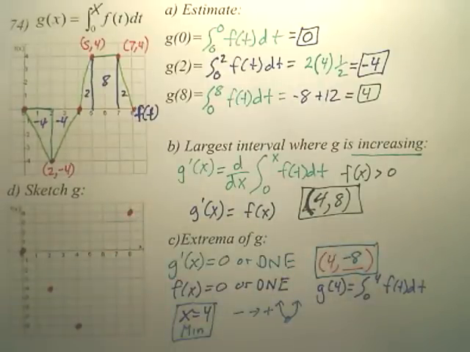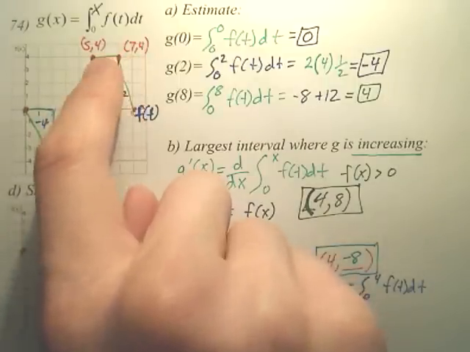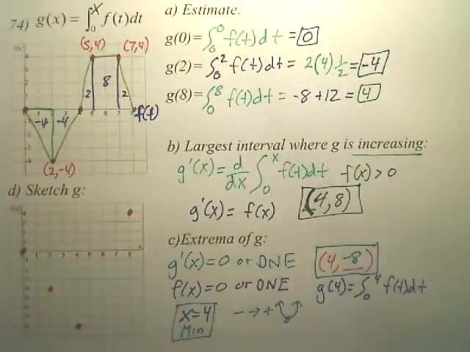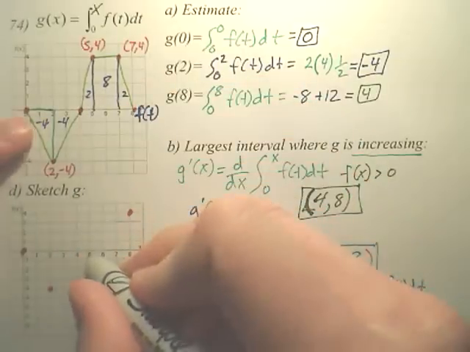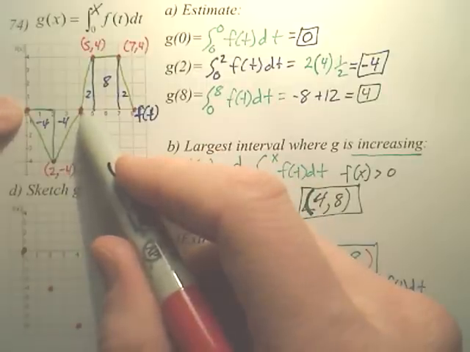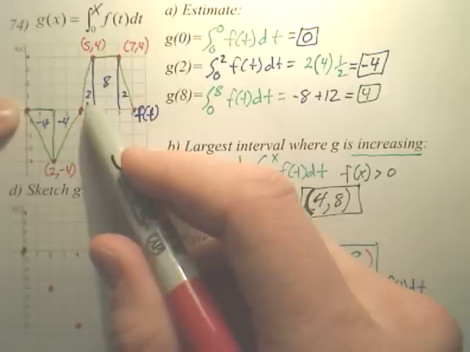Now, are there any other key points we could find? Yeah, couldn't this 5 and 7 be kind of useful? They're kind of nice points. So if I wanted to calculate G of 5 and G of 7, to get G of 5, isn't it from here to here, my area is negative 8? To 5, wouldn't there be negative 8 plus 2, which would be negative 6?